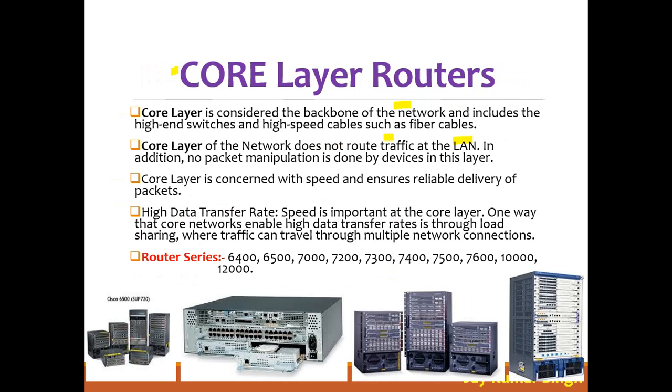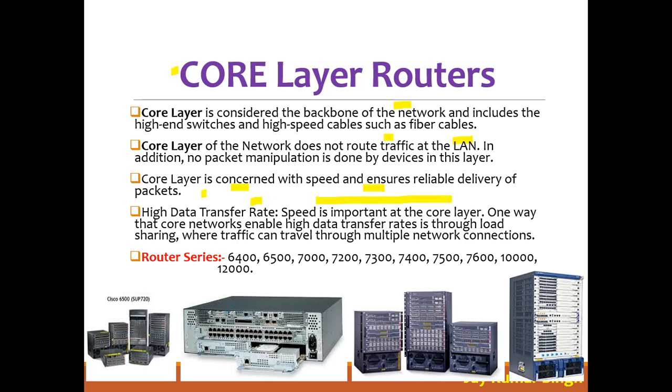The access layer user sent me data, I did the routing, then I forwarded it to the core. The core is responsible for forwarding to the internet. The core layer is connected with high speed and ensures reliable delivery of packets. A high data transfer rate is here in the core layer routers and switches, because speed is important at the core layer.